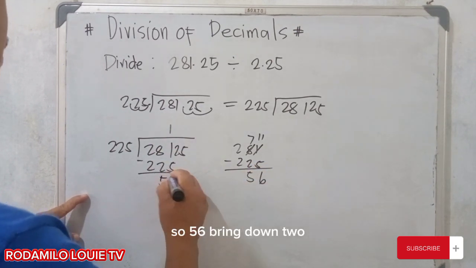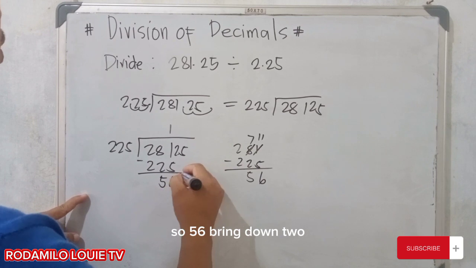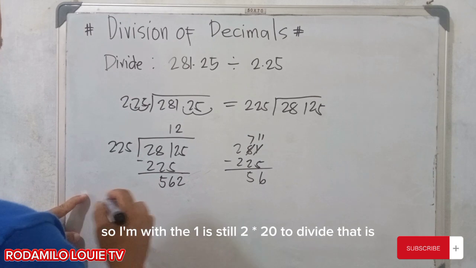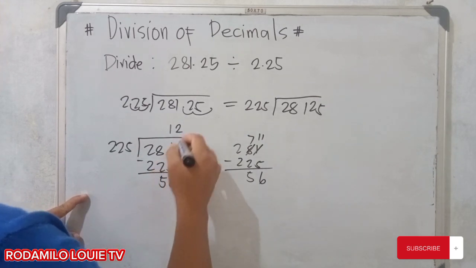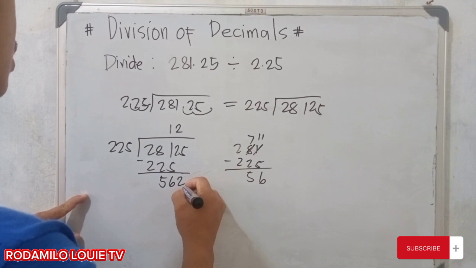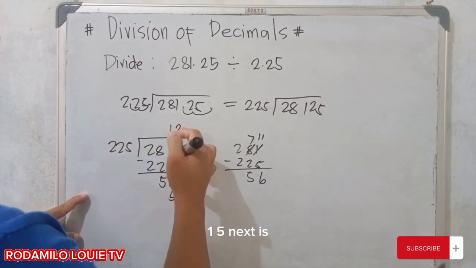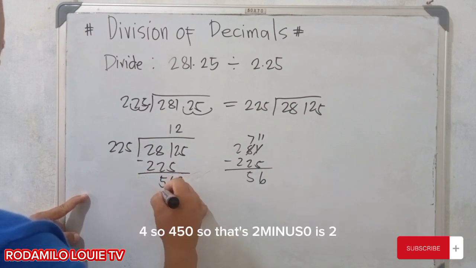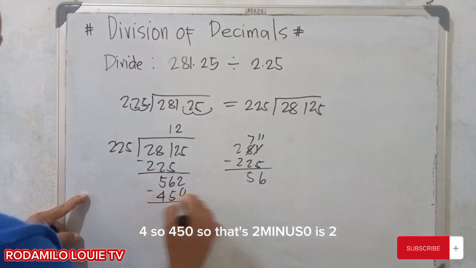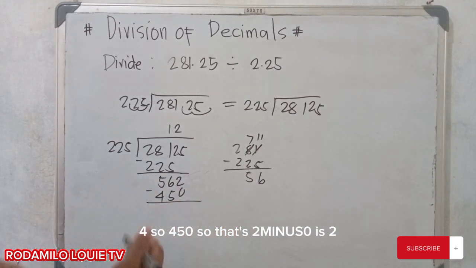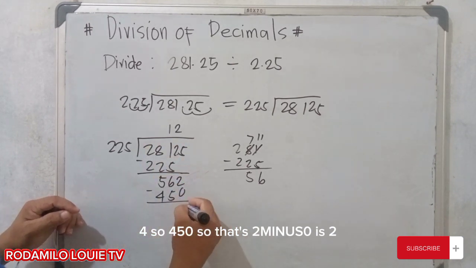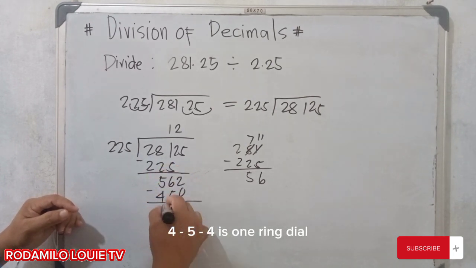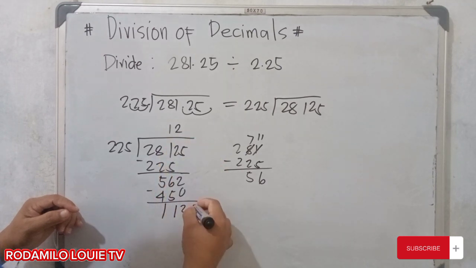So 56. Bring down 2. So ang bitaw one is 2. 2 times 225, that is 450. So 450, subtract that. So 2 minus 0 is 2. 6 minus 5 is 1. 4 minus 4 is 1. Bring down 5.